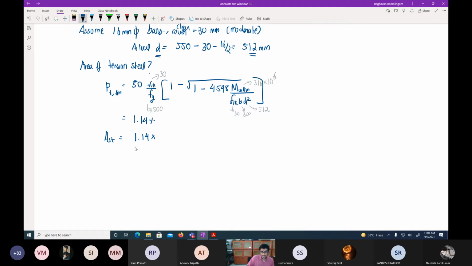So then you multiply it by the area. So 1.14 by 100 into breadth is 300 into depth is 512, effective depth. So how much is the area that comes?